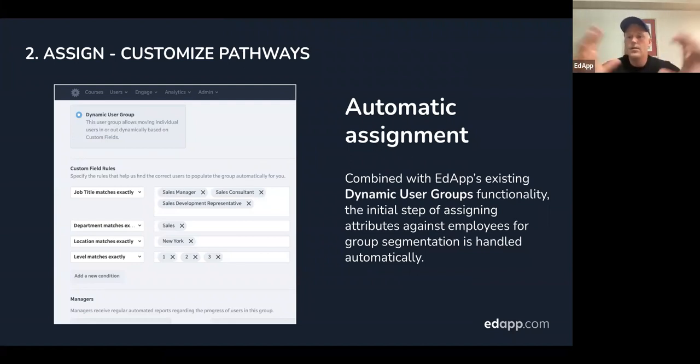So this is a scenario where maybe EdApp is feeding off the database that you have in your payroll or your HRIS or another learning management system. We're automatically pulling that data in real time into EdApp. We're capturing the attributes, not only the learner's email address or their unique ID, but their role, their department, their level, etc. That informs EdApp user groups, and we give them the right content.